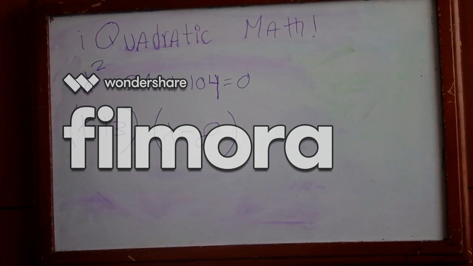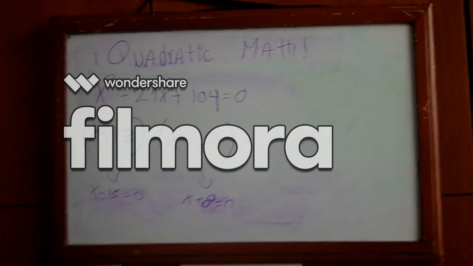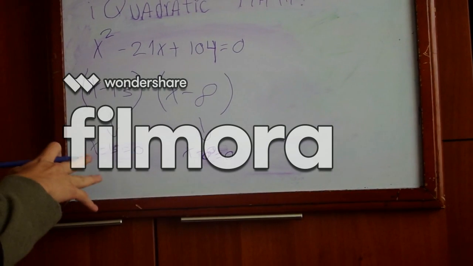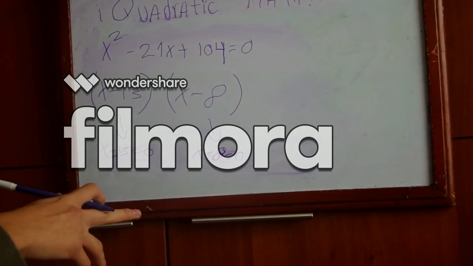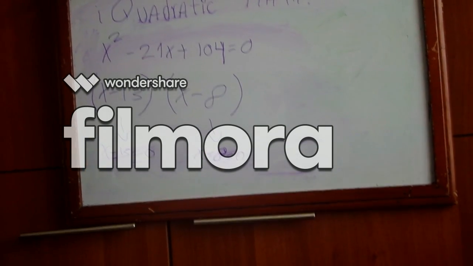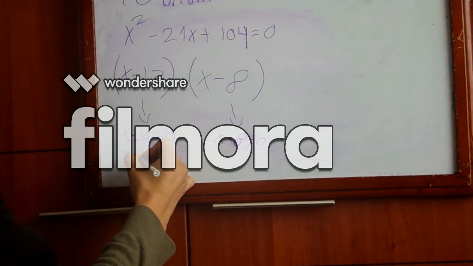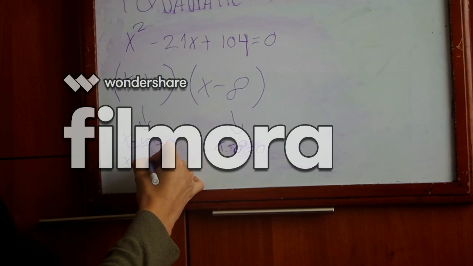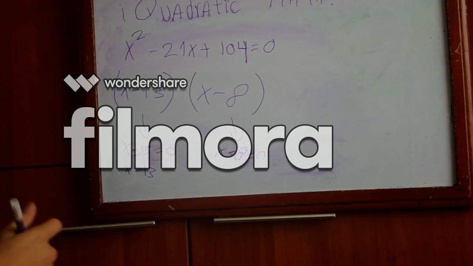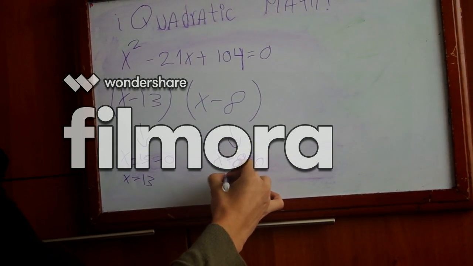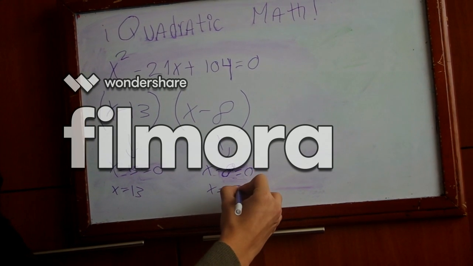Now we need to make the 13 and the 8 positive. So we pass it to the other side. So it will be x equals 13 and the signs will change. And in the x2 also, x equals 8.